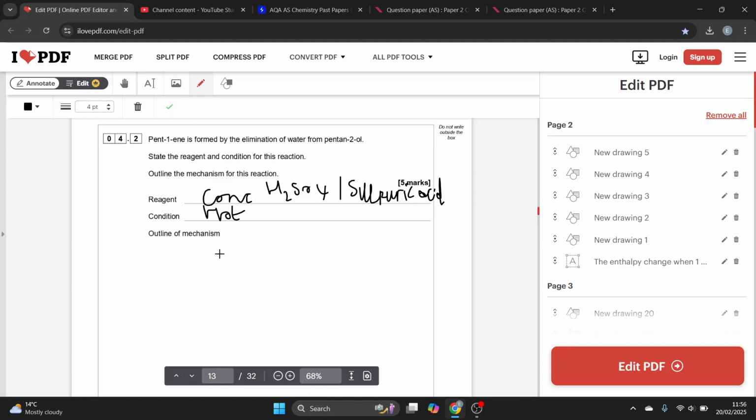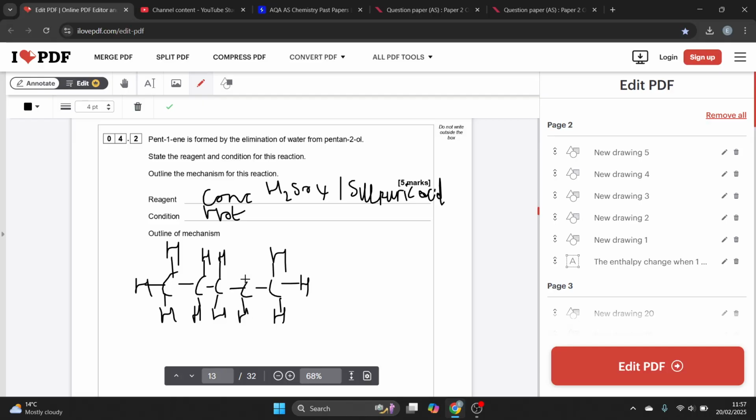Outline the mechanism. So I've got pent-1-ene formed by elimination of water from pentan-2-ol. Methane, ethane, propane, butane, pentane, and I've got the alcohol, the OH. It's actually like this: oxygen, a hydrogen, and it's got a lone pair of electrons here.